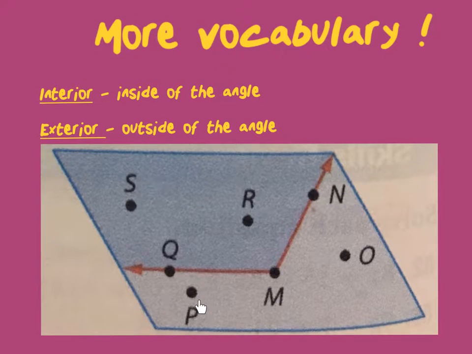So some points that are on the interior are R and S. Points on the exterior are P and O. We would say that Q and N, and also M, are neither. They're not interior, but they're not exterior either, because they lie on the line.